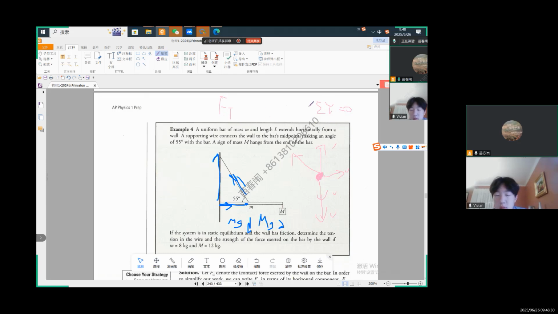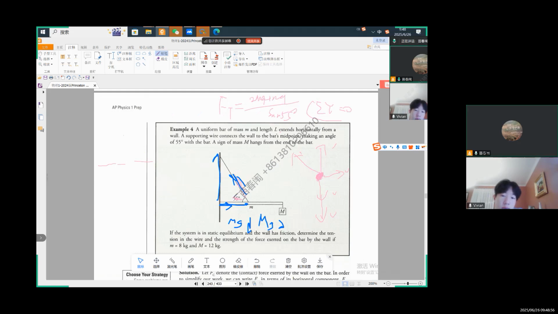Because of sigma torque being 0, we already found F, which is 2 mg plus mg over sine 55 degree, right? We can totally get this, right? Yeah. And because of this, I can also think about how the force is balanced horizontally. See, this is the tension.